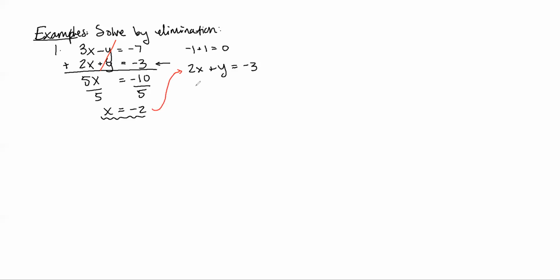So we're going to have 2 times -2 plus y equals -3. 2 times -2 is -4 plus y equals -3. Add 4 to both sides, and we get y equals 1. And again, I'm going to go ahead and write this as an ordered pair. So we get (-2, 1).